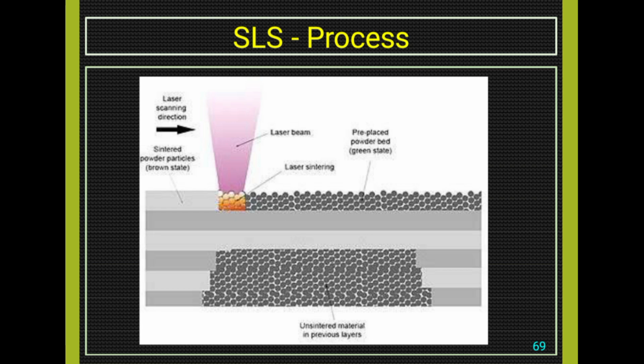So next is the laser beam, which cures the powder material, which will be the thermoplastic material. So this SLS process also comes under the layer by layer deposition of material, which is a main principle of the 3D printing technique.